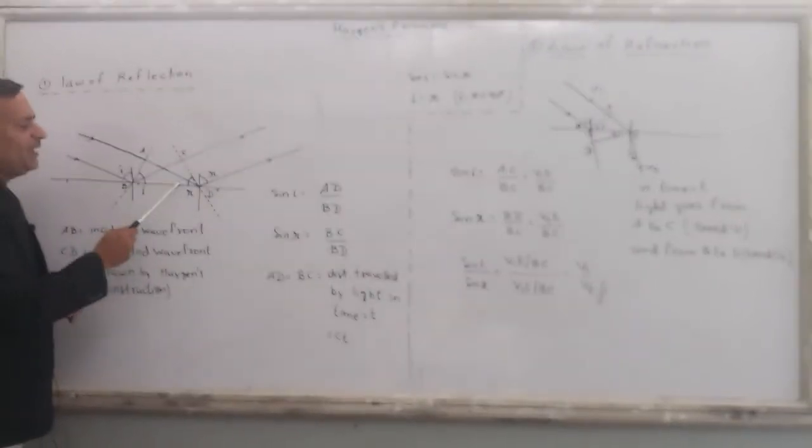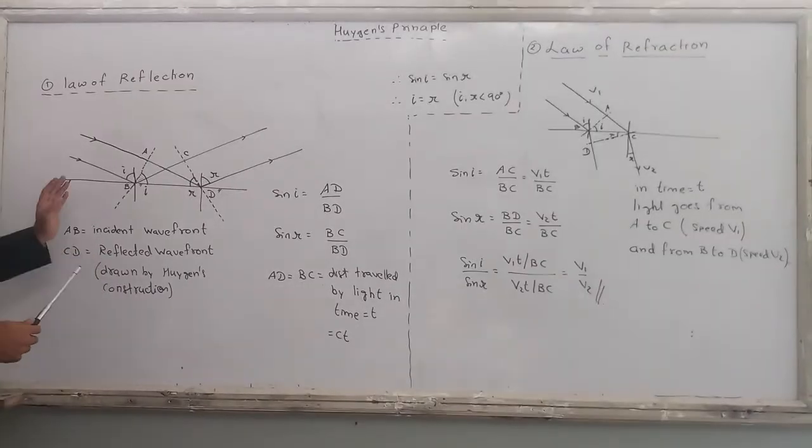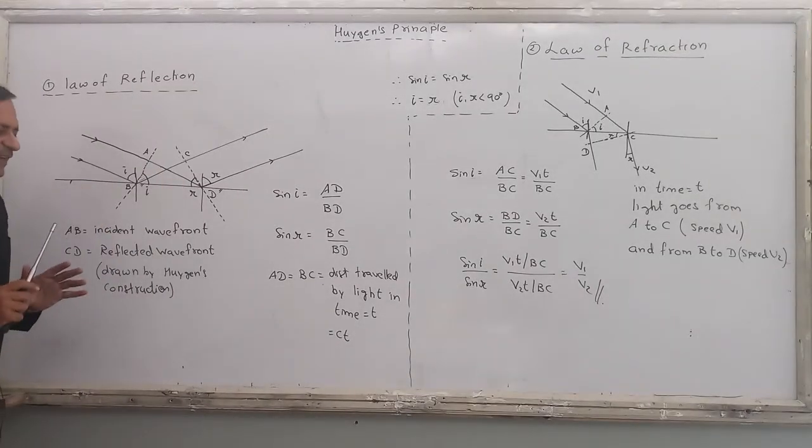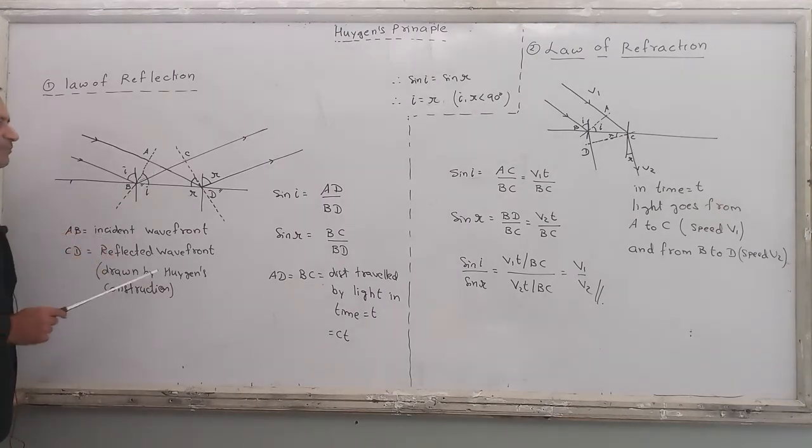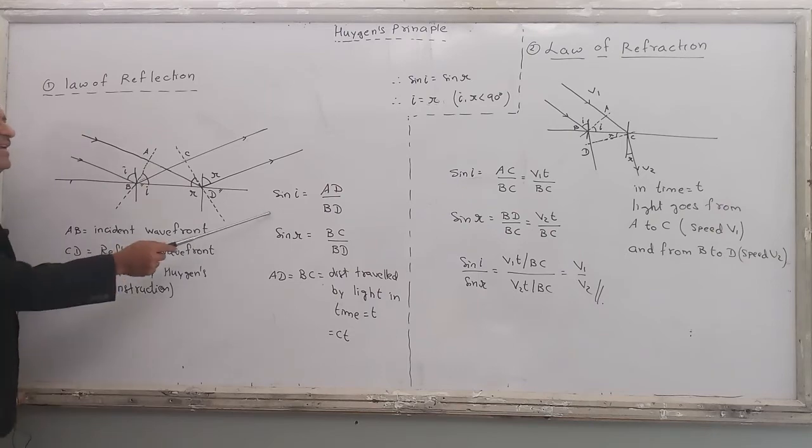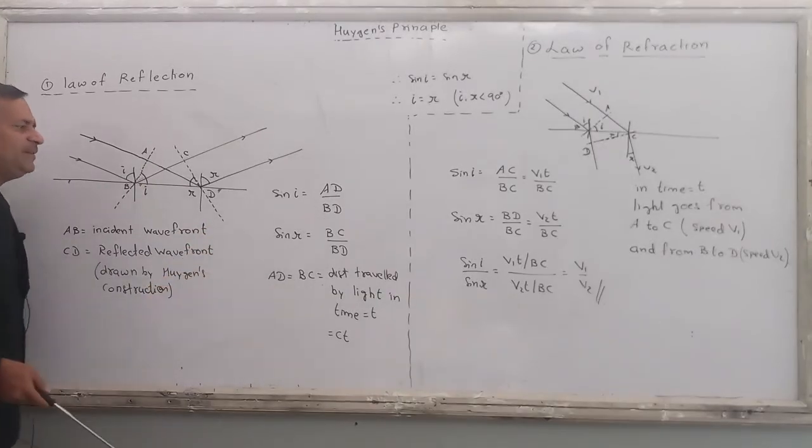So the angle between them will not change. Now, if you have understood the diagram, the rest is very simple. What is this? From triangle ABD, find the value of sin I, that is AD upon BD.